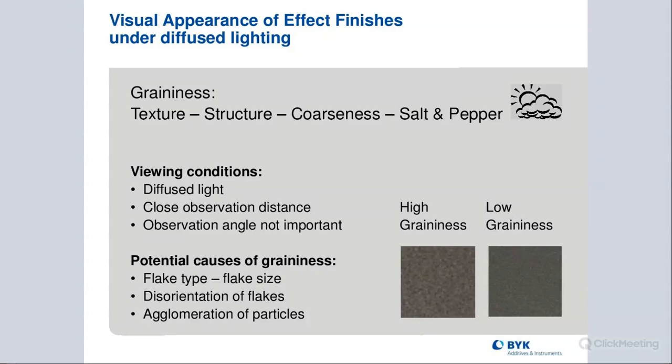You really are looking at graininess at arm's length, and it's very critical in formulation of paints and coatings to utilize these graininess numbers, and it can lead to flake type and flake size. Disorientation and agglomeration of pigments and particles is certainly going to affect your graininess values.